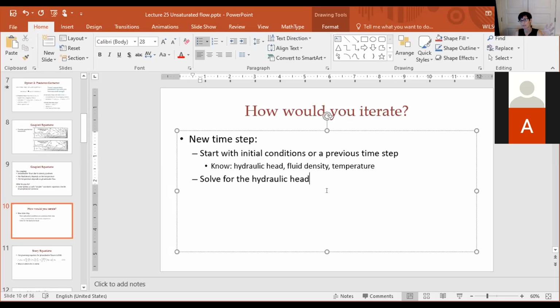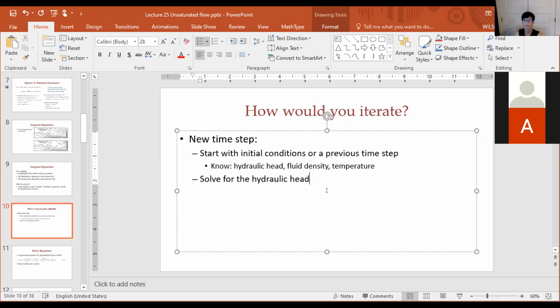It has the change in temperature with time, and it has the conduction term, the dispersion term, and it has one other term. What's the third term in the heat or solute transport equation? Yeah, the velocity. Yeah, it's the advection term. All right, so we know we need to have some velocities to put into the heat transport equation. We just solved for the hydraulic head, so using Darcy's law, we can figure out what all the velocities are.